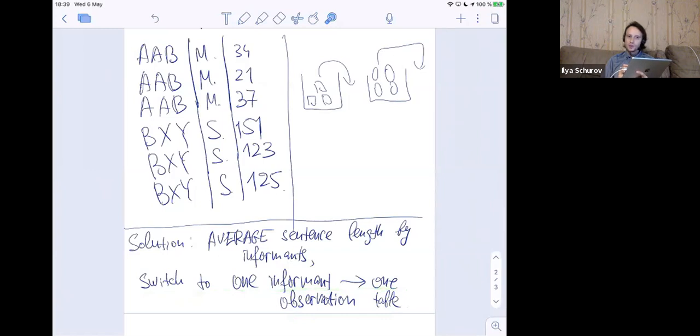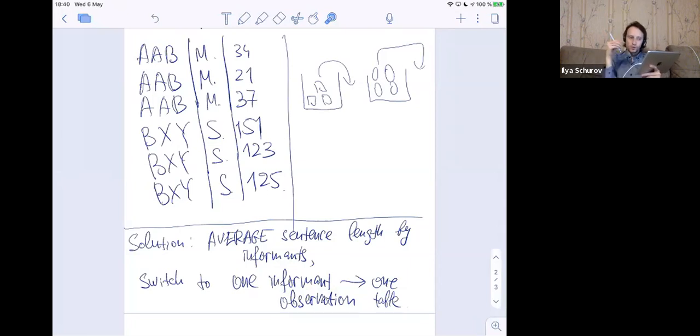This solution is not perfect. For example, we can consider different informants, and from one informant we have a lot of data. One informant generated a long text with a large number of sentences, and another informant generated just a very short text with a small number of sentences.